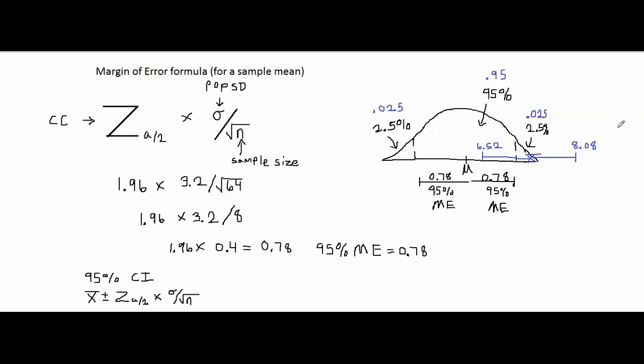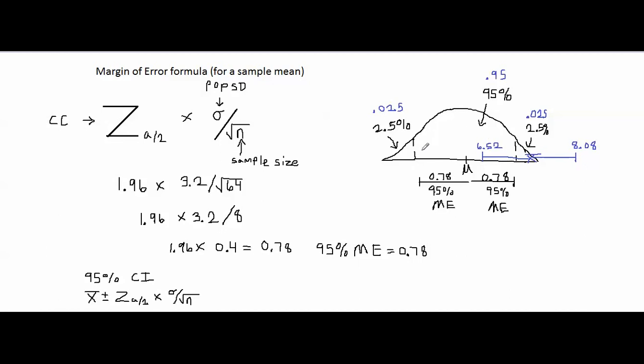One other point that I wanted to mention is that if I decided to repeat my study over and over again and take more and more samples of the same sample size, and I calculate a confidence interval around each sample mean that I end up getting, what's going to end up happening is 95% of my samples over time will come from this middle area in here.